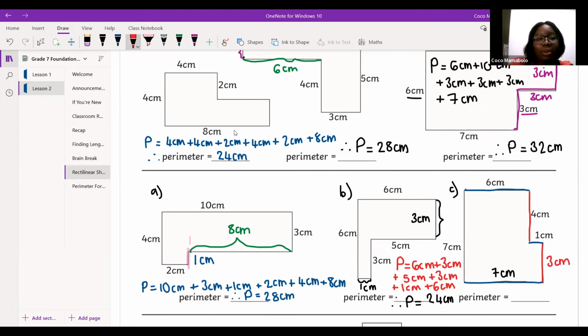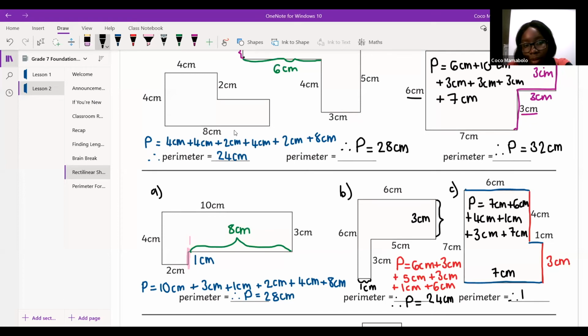Okay, now we can calculate the perimeter, which is the easy and nice part. P is equal to 7 centimeters plus 6 centimeters plus 4 centimeters plus 1 centimeter plus 3 centimeters. And don't forget that last 7 centimeters there. And then I'm going to write it down here.